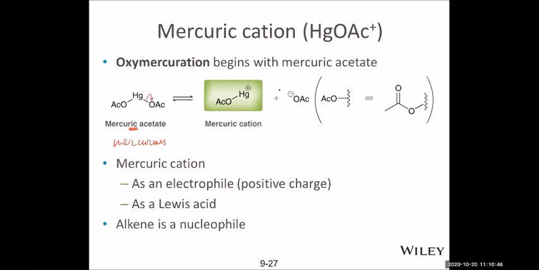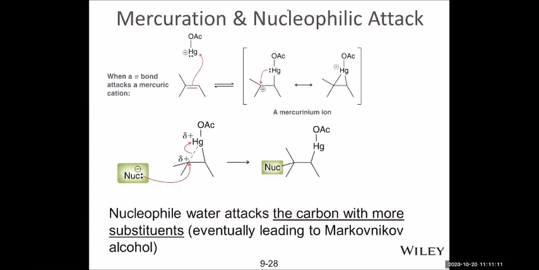The acetate is dissociated, so it actually gives us a mercury cation. The mercury cation has a positive charge, so it is an electrophile. It's attracted to electrons, and it attracts the lone pair of electrons, so it's a Lewis acid. And so the reaction happens.